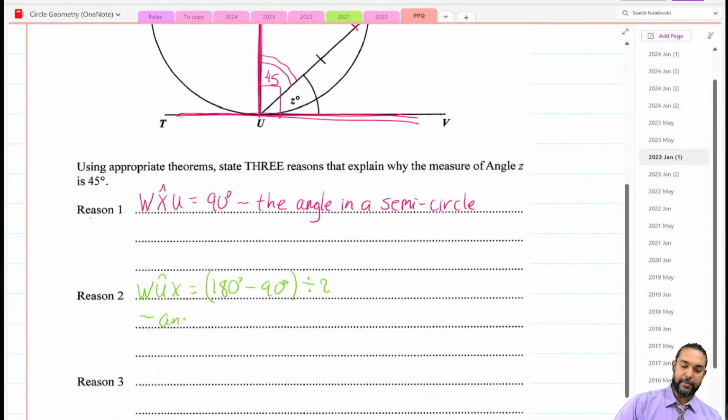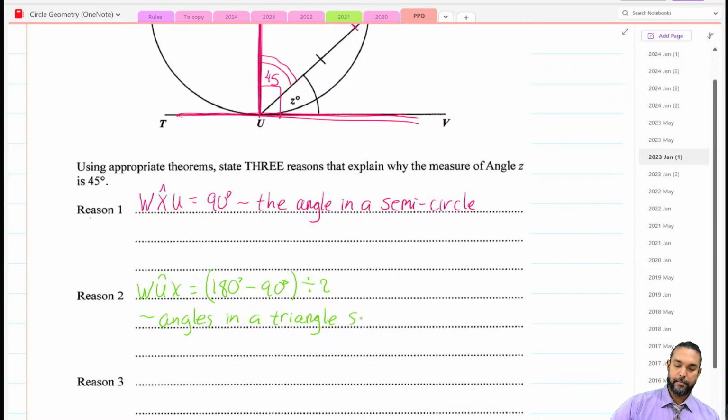Angles in a triangle sum to 180 degrees. And base angles of an isosceles are equal. Or you could simply say two angles in an isosceles triangle are equal.